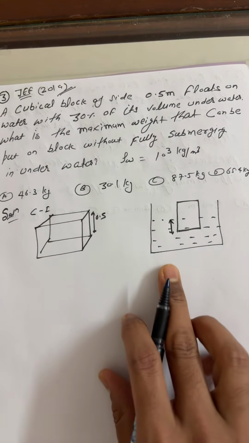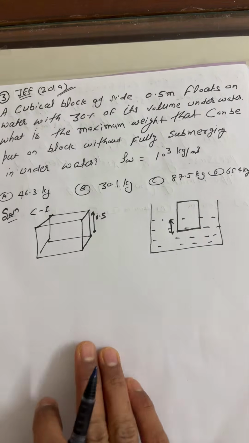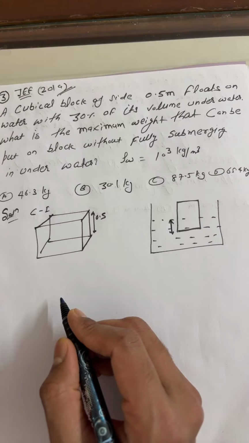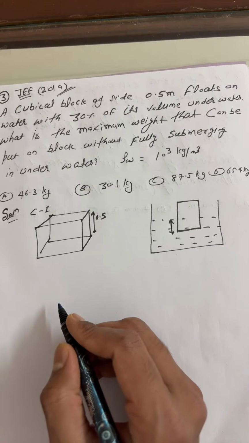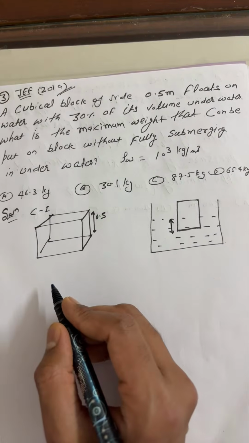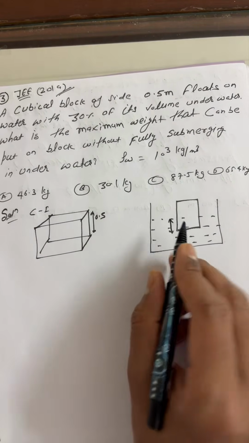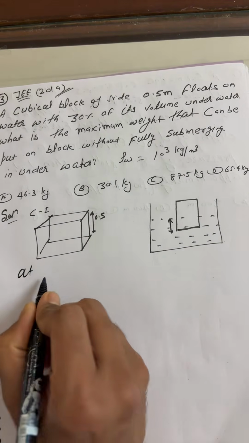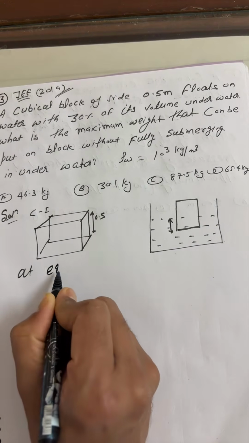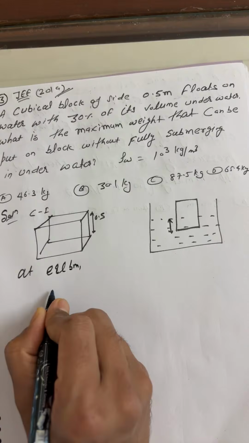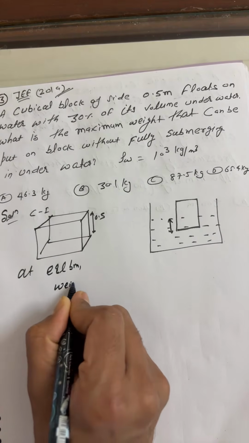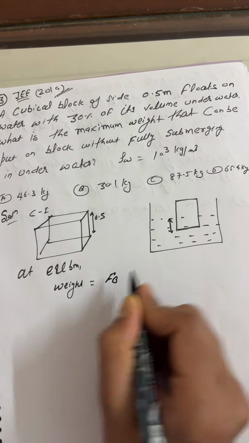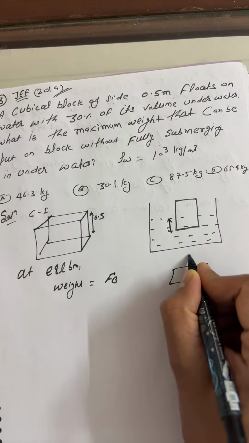For this condition, the system remains in equilibrium. So the initial condition is the system in a floating condition. At equilibrium, the weight is equal to the buoyancy force.